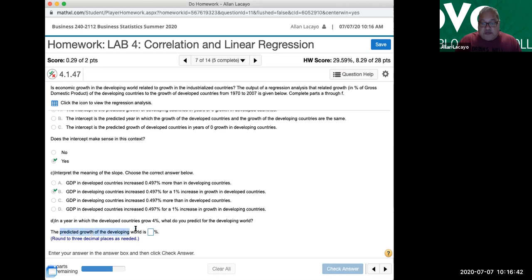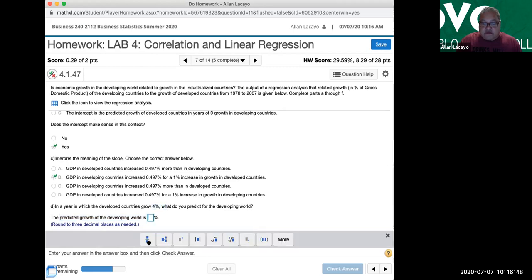They want us to predict a value for y based on a growth of 4% in rich countries. So they basically want us to calculate 3.88, the intercept, b0, plus 0.497 times 4. So the 4% refers to the x value, and the predicted value would be taking this entire calculation.